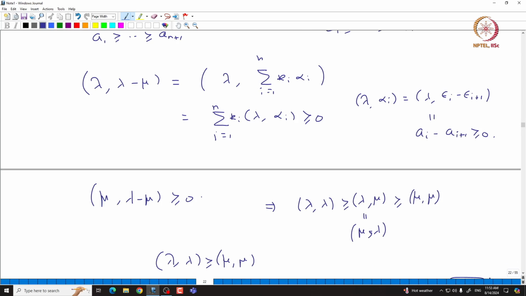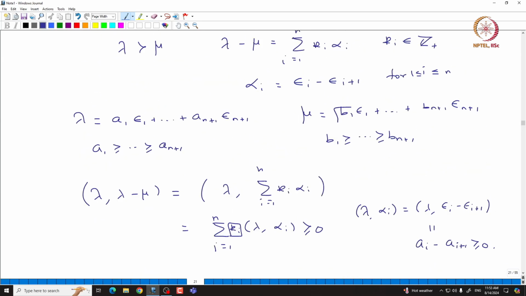So, the choices of these k_i's, the choices of these b_i's, will only be finite, because mu being dominant and mu being less than lambda will force that, since these a_i's are all fixed, in terms of the a_i's you can get some bound for the b_i's, and that will tell you that the choices of b_1 etcetera up to b_(n+1) will be only finite.